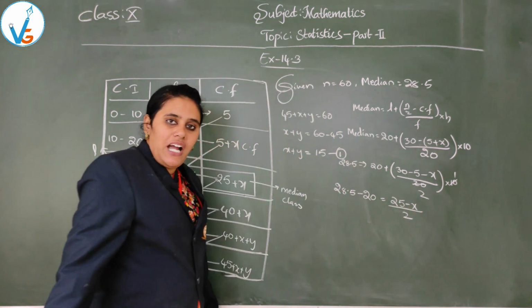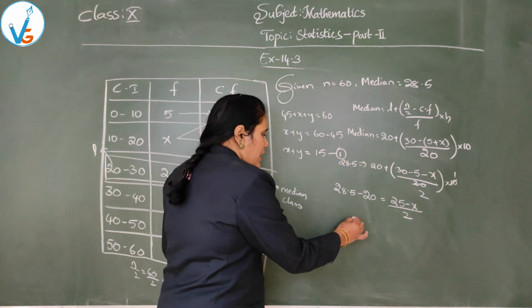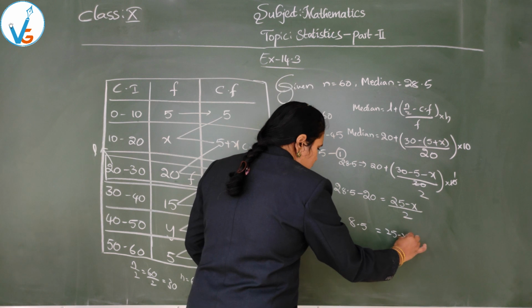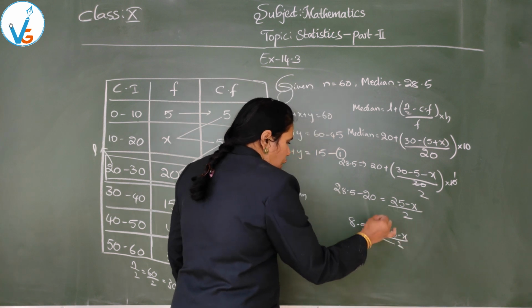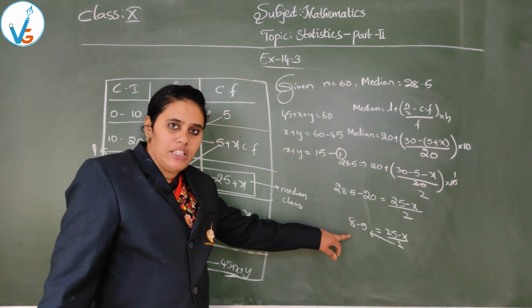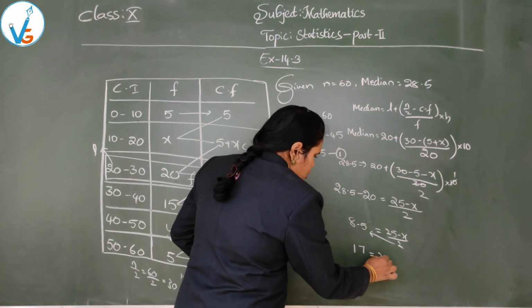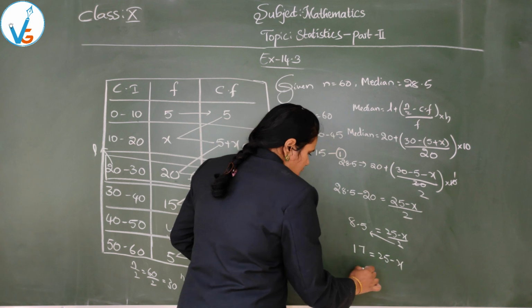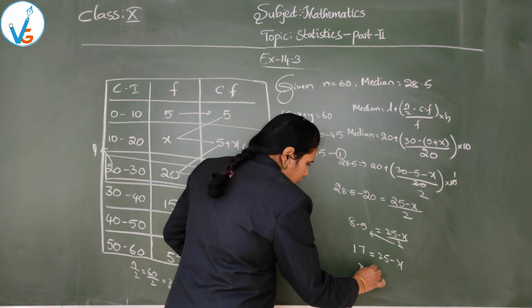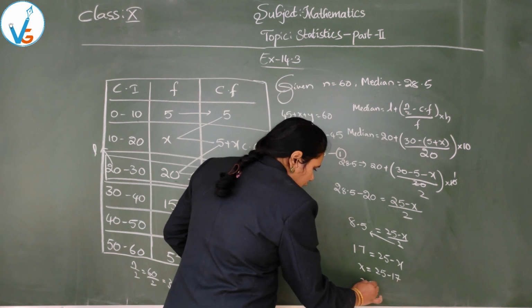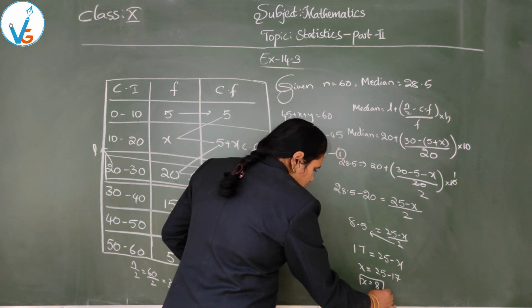So 28.5 minus 20 will be 8.5, which is equals to 25 minus x by 2. So 8.5, if we multiply it with 2, then we will get 17, which is equals to 25 minus x. So x you have to send it here. X is equals to 25 minus 17. If you subtract it, you will get your x value as 8.